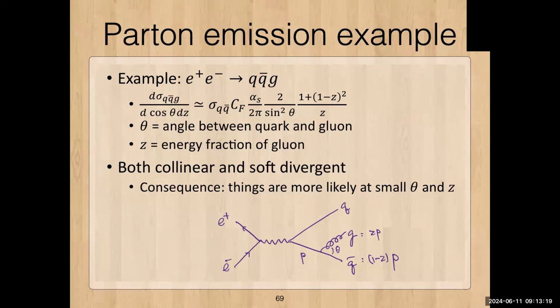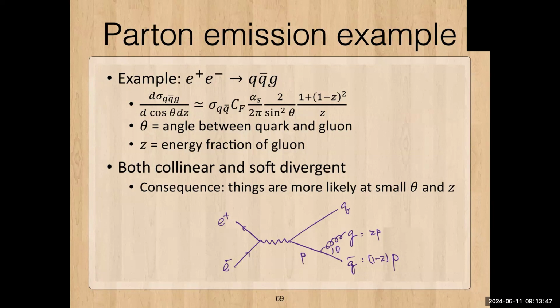From this form, we can already learn something very interesting about jets, which is that it is both collinear divergent and soft divergent. When theta goes to 0, it diverges. Also, when z goes to 0, it diverges. This means it will be dominated by cases where the splitting is collinear, and also where the gluon is very soft.